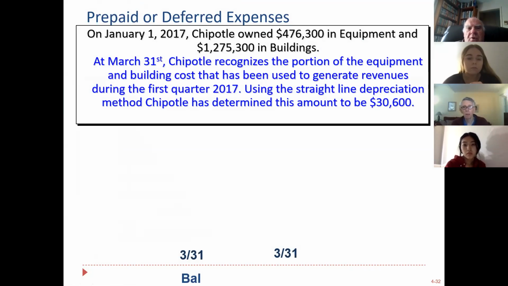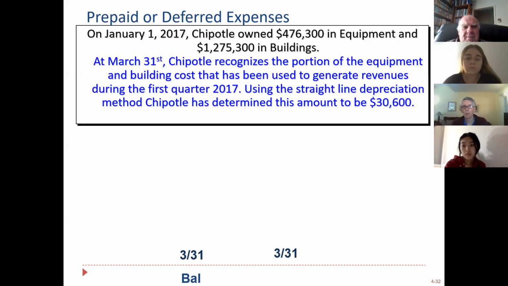Okay, they're still talking about deferred expenses, but this is the easy one. Here they're talking depreciation expense. Depreciation expense is an easy one because you're always debiting and crediting the same accounts.